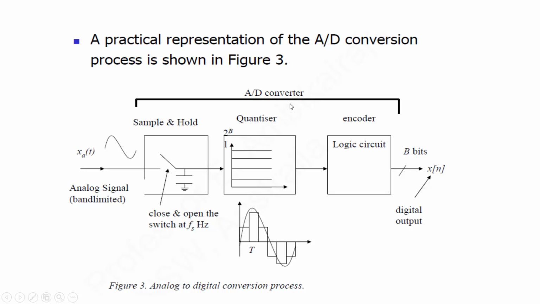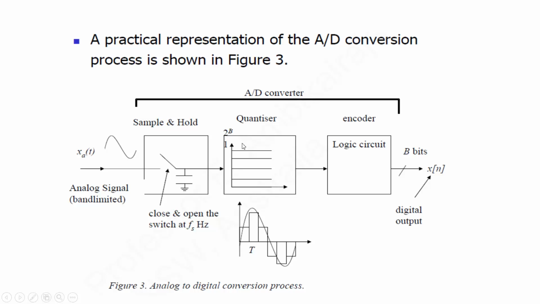That particular value of the sampled signal will be approximated to a quantization level out of these 2 to the power B quantization levels. We will see how it is done.